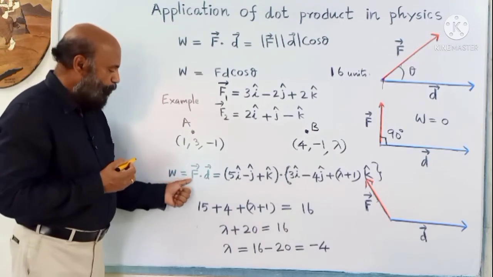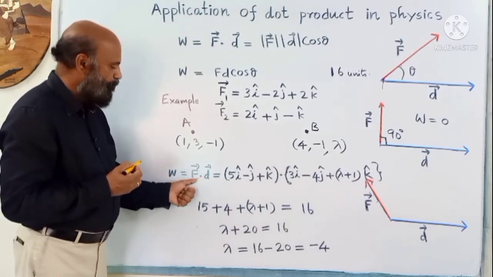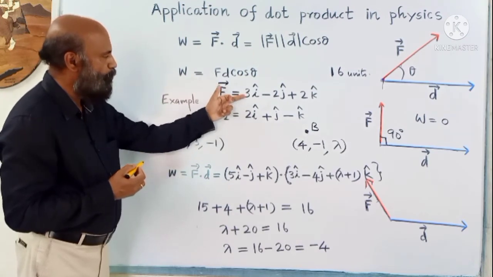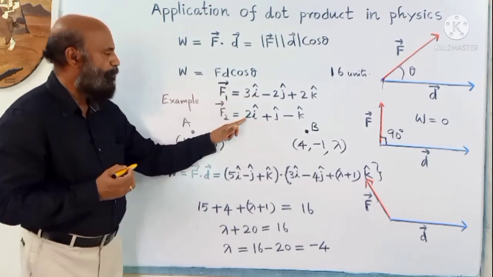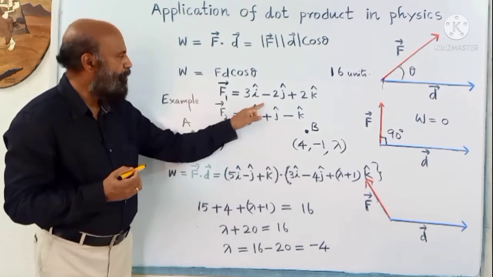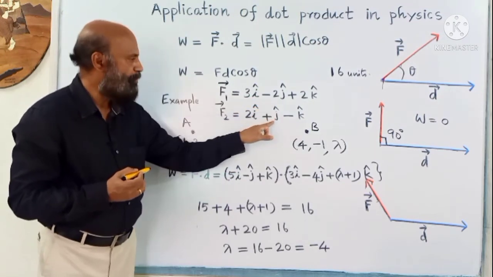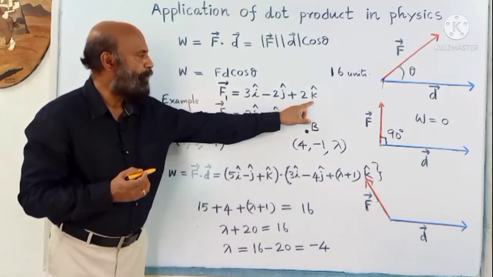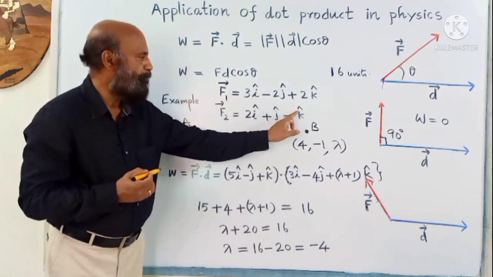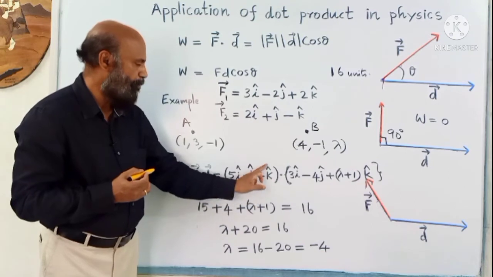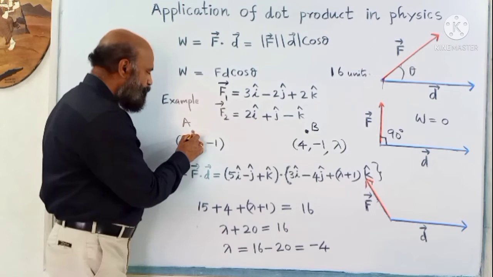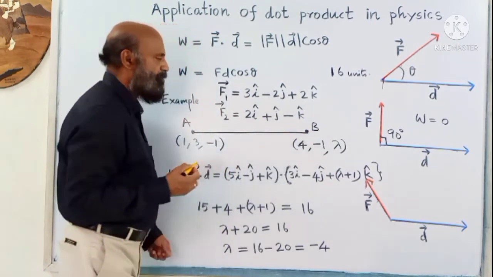Work is the dot product of force and displacement. Force is the sum of these two, net force. 3i plus 2i, so 5i, minus 2j plus j, so it is minus j, then plus 2k cap minus k cap, so it is 1k cap. So this is the net force. Then displacement vector is AB.